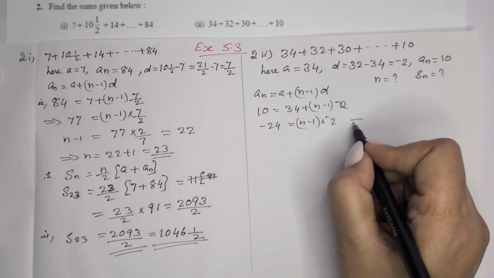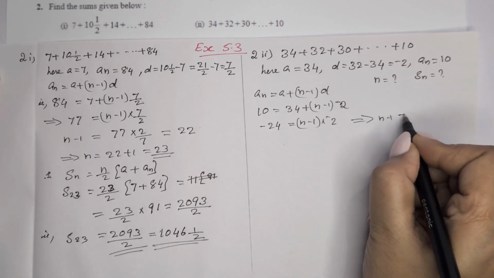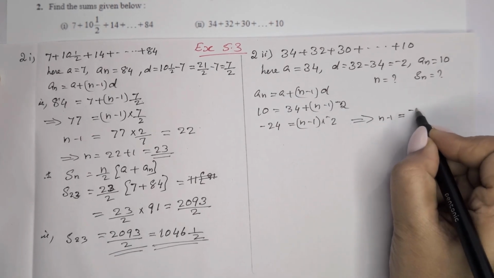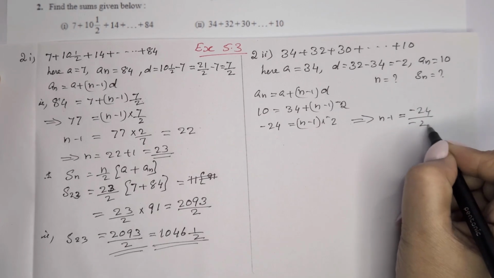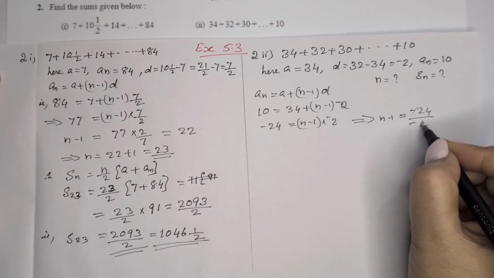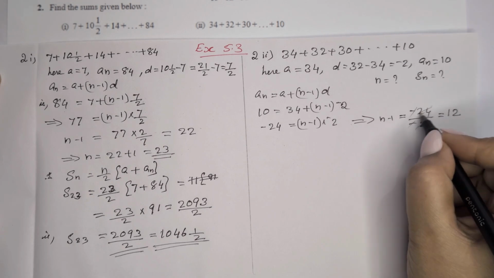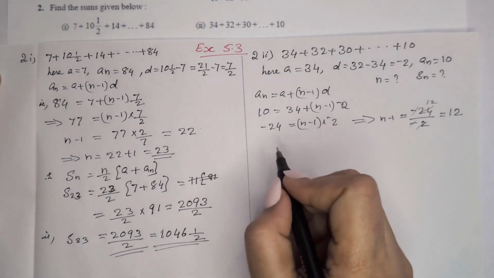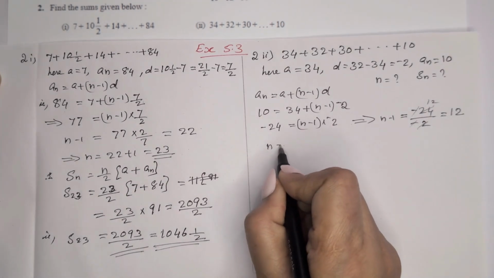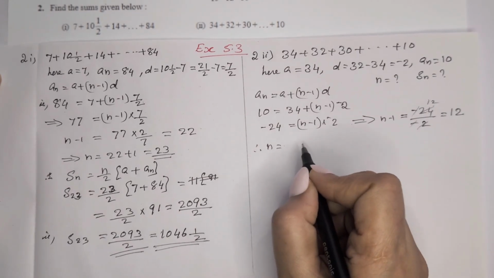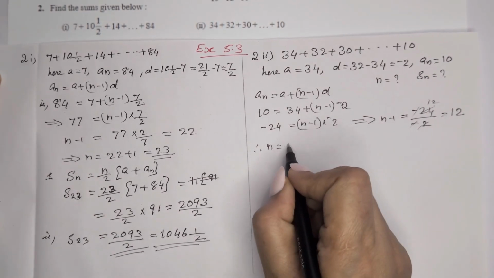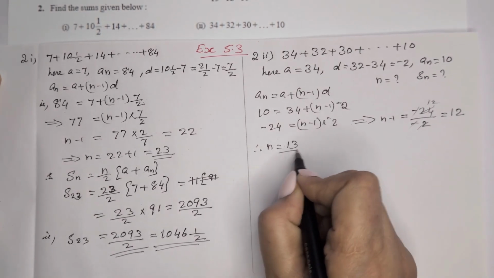Divide by minus 2, which implies n minus 1 is equal to minus 24 by minus 2. Minus we can cancel, and when we are dividing by 2, it will come 12. Then n minus 1 is 12, so n is equal to 12 plus 1, 13.